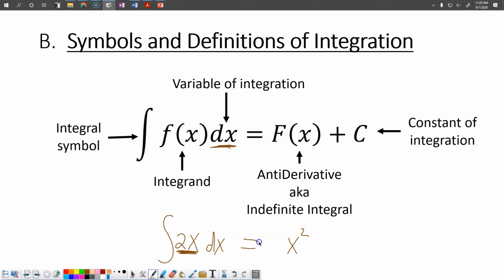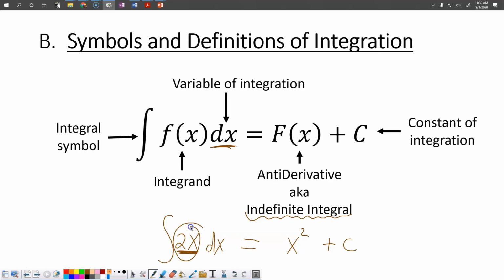You could also call it, and we'll talk about this one a little bit more later, but for now we can also call it the indefinite integral. So it has two different names. And don't forget, there could have been a number here before we took the derivative. It's just that they go away when you do take the derivative. And that's what we call the constant of integration. The constant of integration.